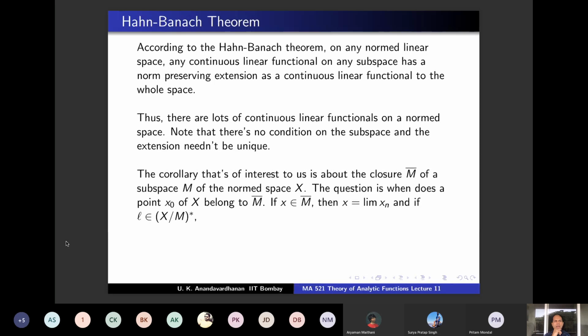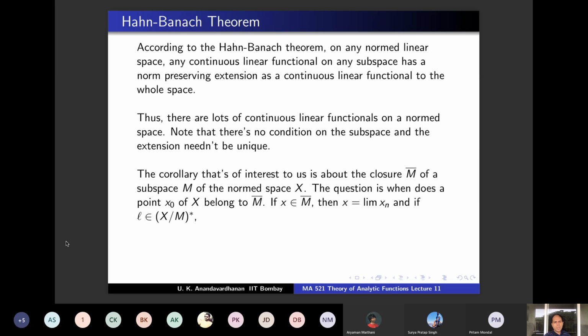And suppose you take any L on X by M, the quotient space, a continuous linear functional there. What this means is L is a continuous linear functional on X which vanishes on M, which is identically 0 on M. So L is a functional on X by M means it's a functional on X which is identically 0 on M. So suppose you have such a functional L, and the x_n's are in M and L is 0 on M. So L of x_n is 0, and by continuity L of x is 0.